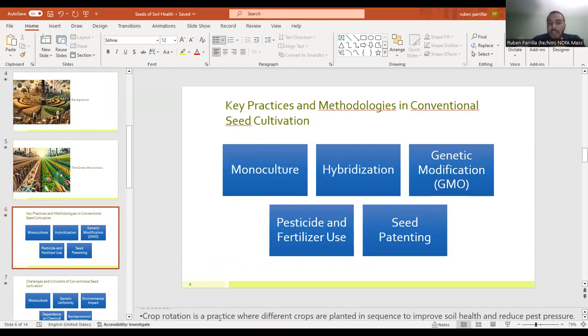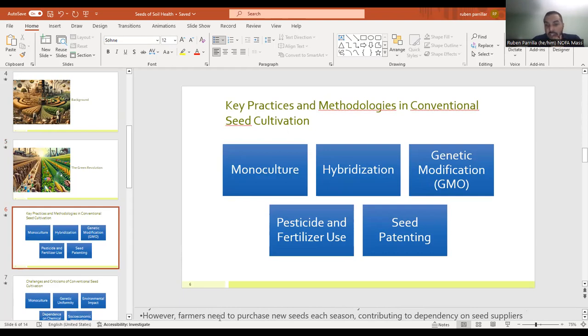And in order to combat this, crop rotation is a common practice to remediate some of these issues that are found in this type of practice. Hybridization is another aspect of seed saving. It's the crossbreeding of different plant varieties to produce hybrid seeds. These hybrid seeds also exhibit desirable traits such as increased yield and resistance to diseases.